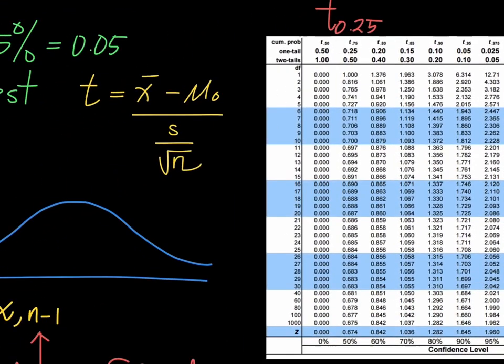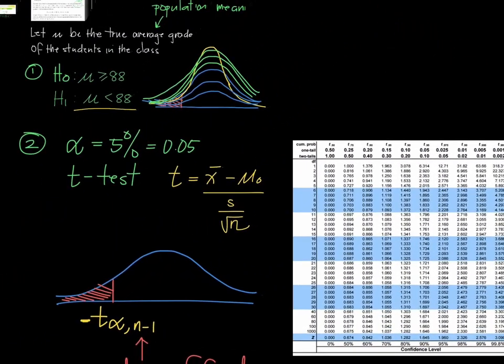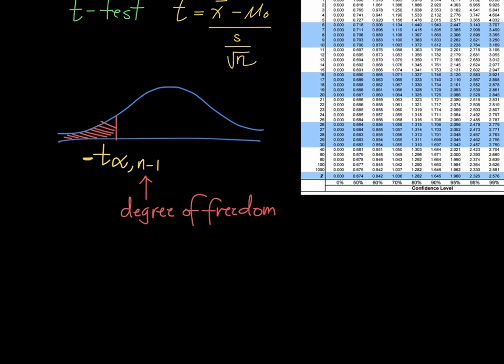So in our example, since the alpha is 5% or 0.05 and the alpha is concentrated on one side, then our t of alpha is negative t of 0.05.